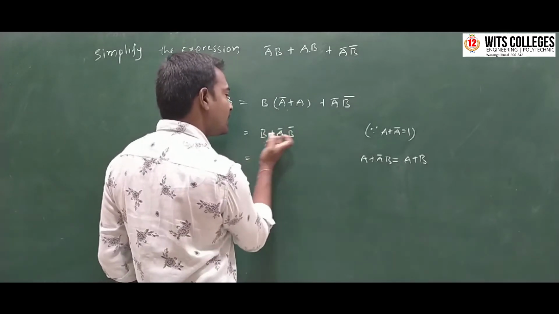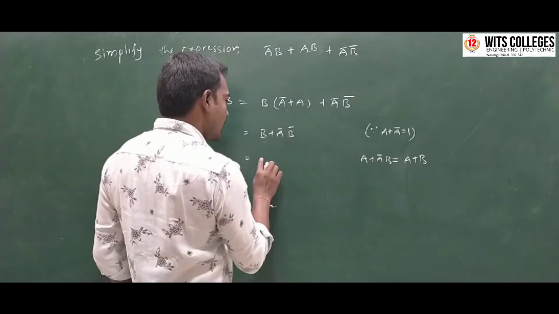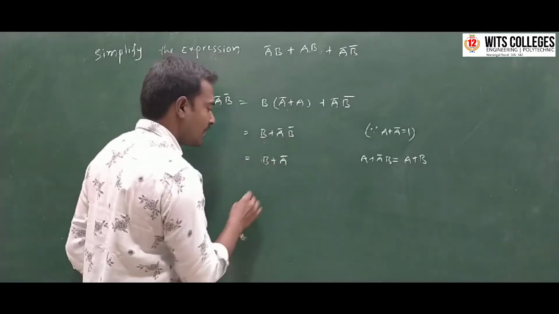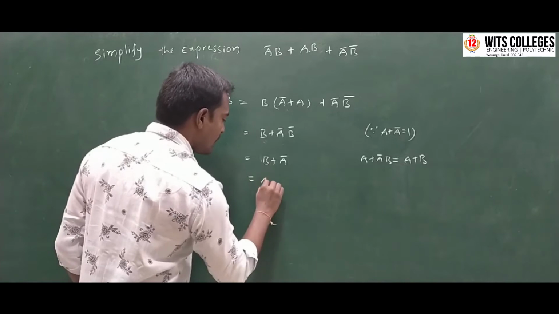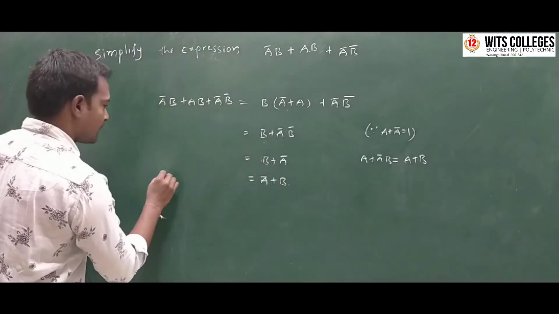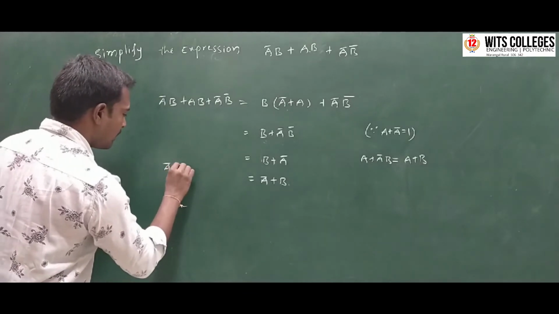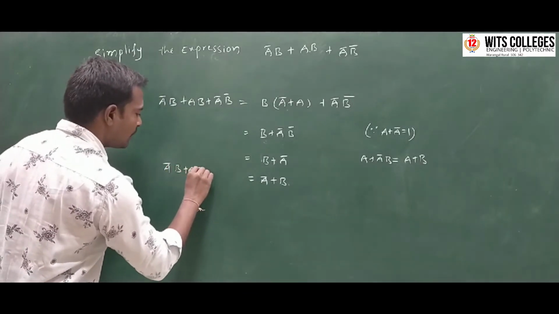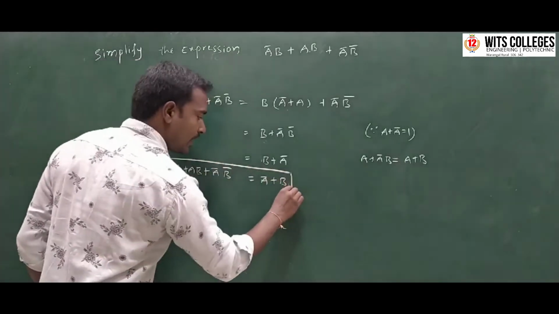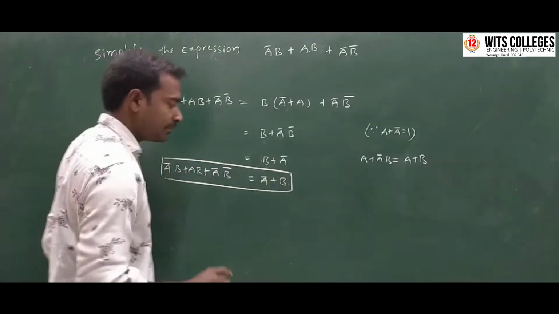So we can write this expression as B + ĀB̄, which is equal to Ā + B, and the given expression ĀB + AB + ĀB̄ is equal to Ā + B̄.